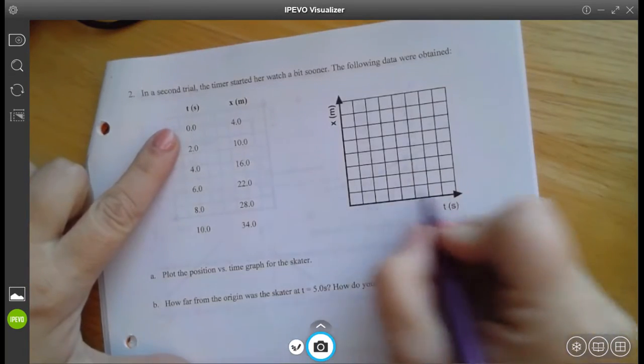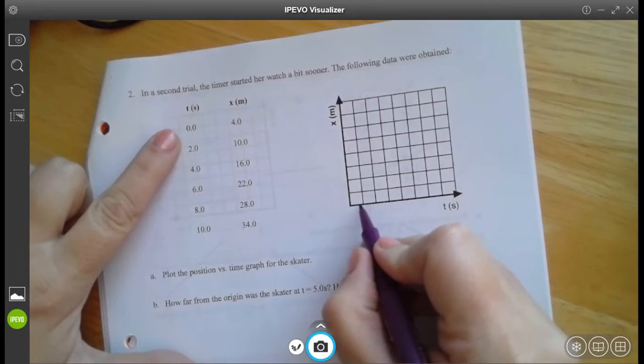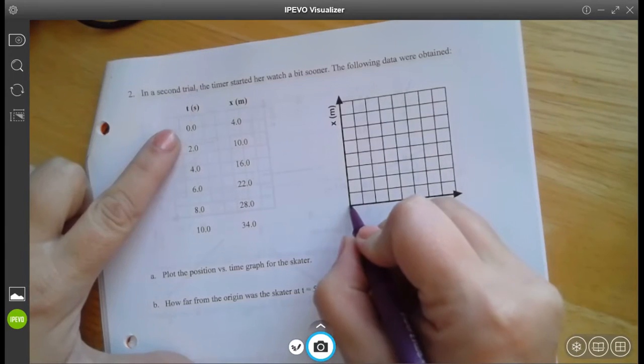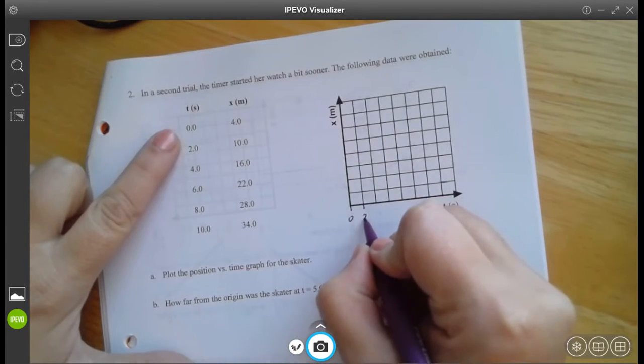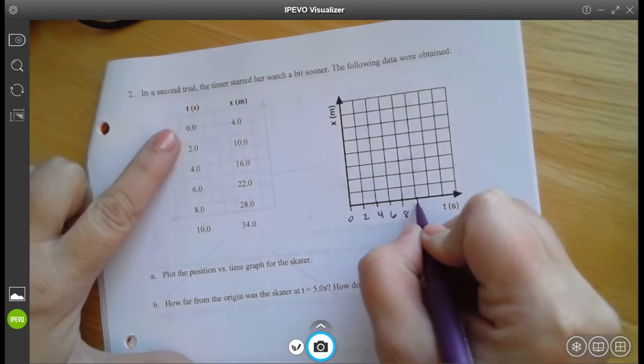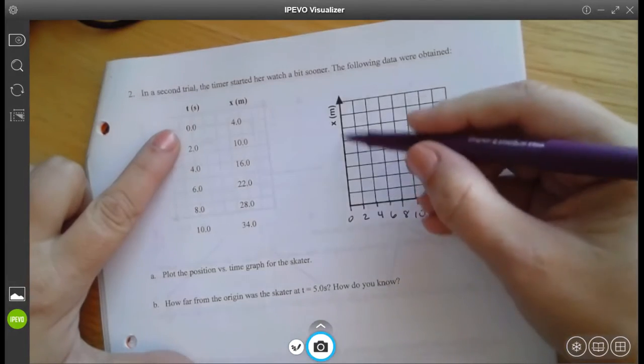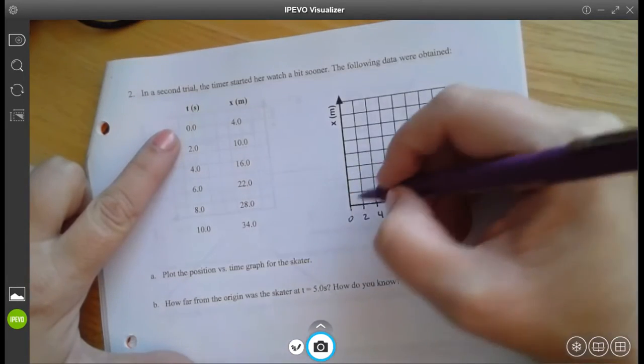So first we need to label our axes. We need to go from 0 to 10 seconds. I'm pretty confident that's not going to fit across here, so we'll do what we did yesterday and put 2 seconds between each of these grid marks. For my change in position, this time it goes up to 34.